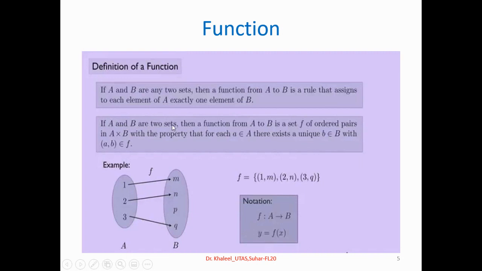Let me put this definition in the form of sets. A and B are two sets, and the function from A to B is a set F. This F is the notation for the function.